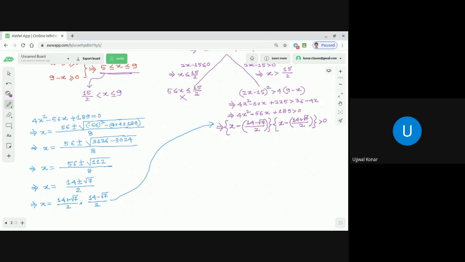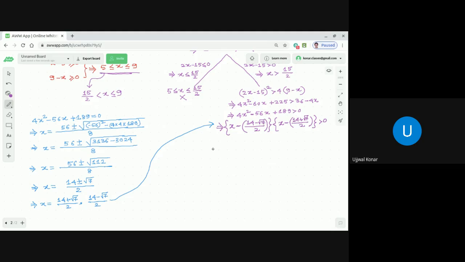Now, if you remember, x minus alpha into x minus beta greater than 0, that tells what? That tells that either x is greater than the maximum of alpha and beta, or x is less than the minimum. Here alpha and beta are respectively 14 plus square root of 7 by 2 and 14 minus square root of 7 by 2. Correct or not?